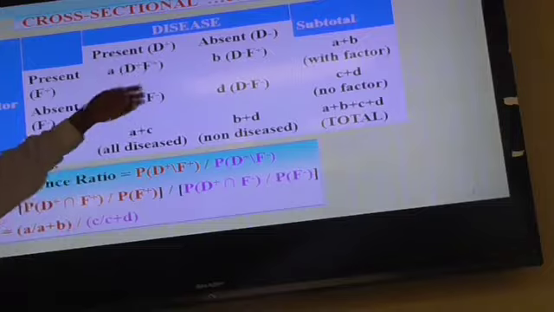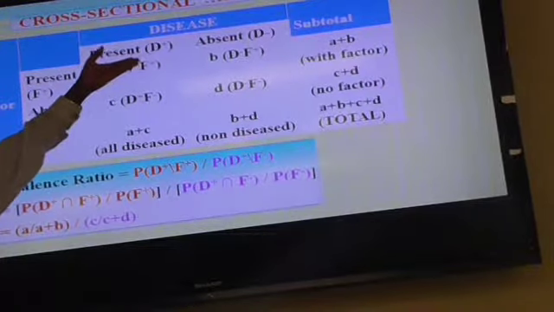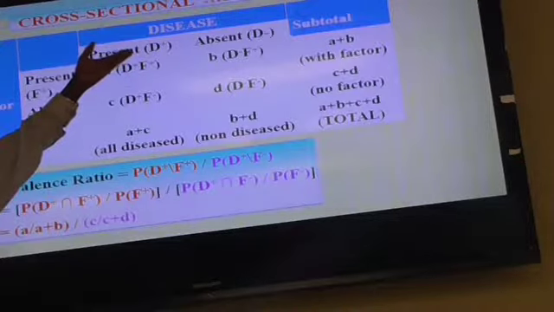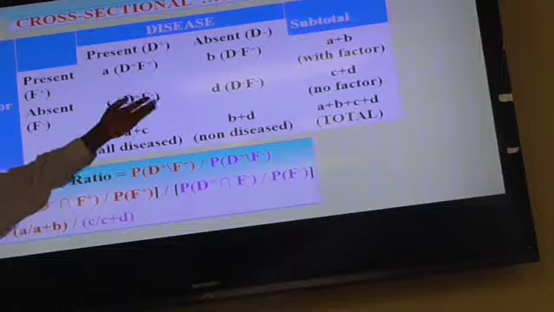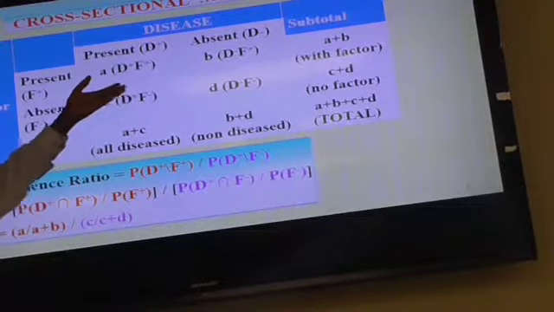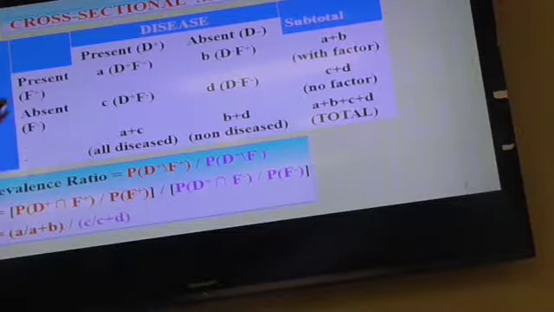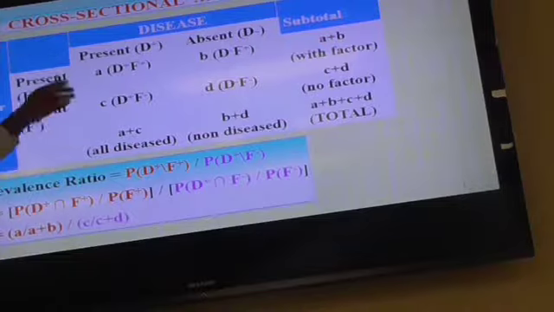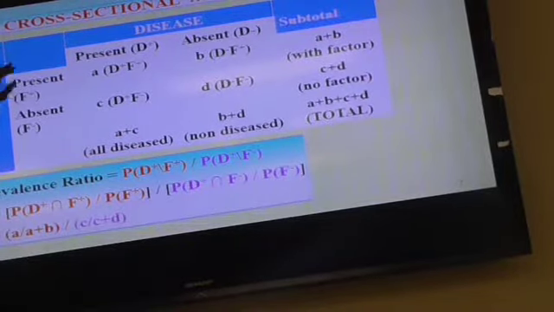But if the disease and factor are related, we assume that the disease is more frequent here. That's what we are trying to ascertain. But still, because of that multifactorial nature, even those who are not exposed may still get the disease. So the prevalence ratio is what? Our group of interest is those that are exposed.